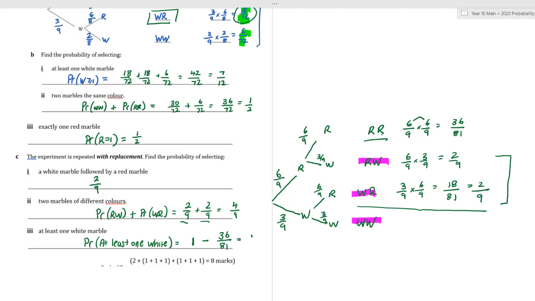Now, that's going to be the same as 81 over 81 minus 36 over 81, and of course, that gives us 45 over 81.